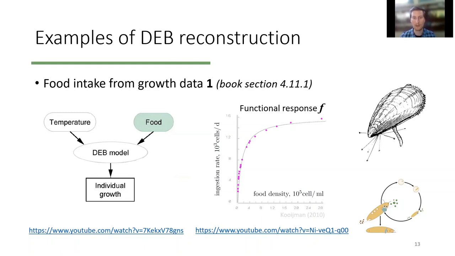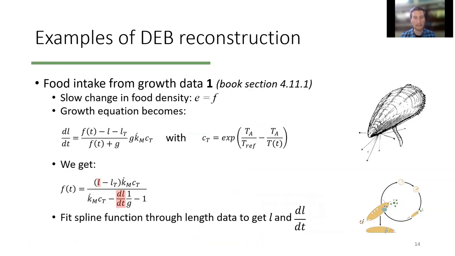But this concept of functional response is pretty standard in DEB theory, at least in the standard DEB model. And this is what we are trying to reconstruct in this case, the scaled functional response. But first, we need to make an assumption, which is that the change in food density is slow through time. So we need to assume that F doesn't vary too much.